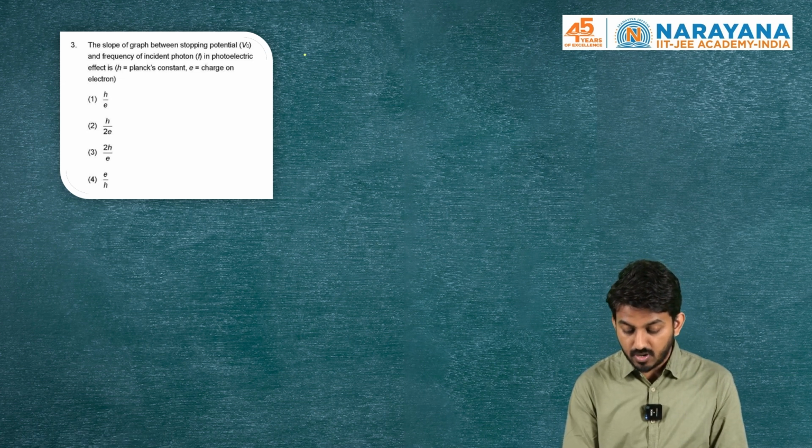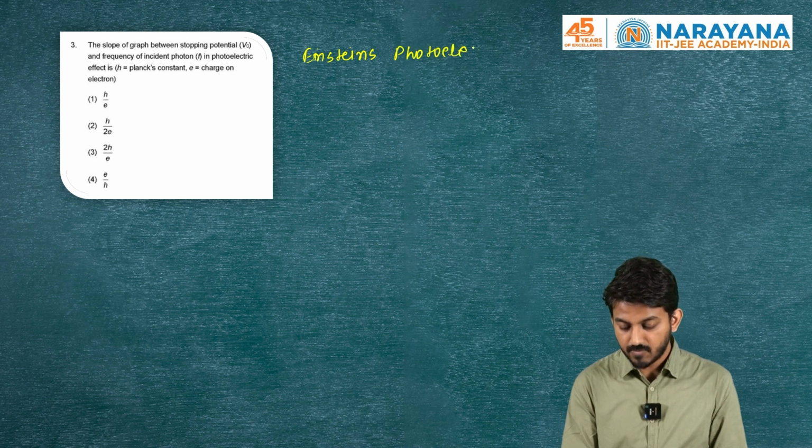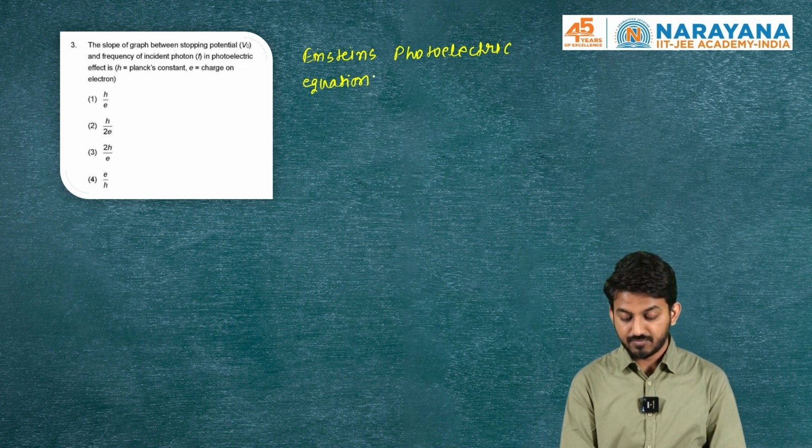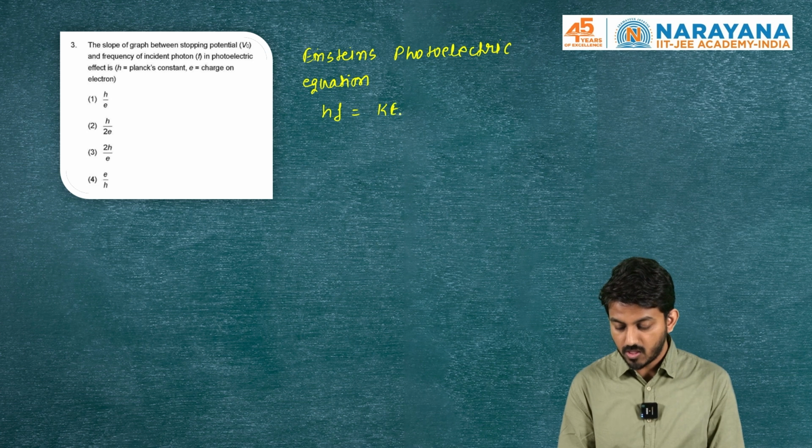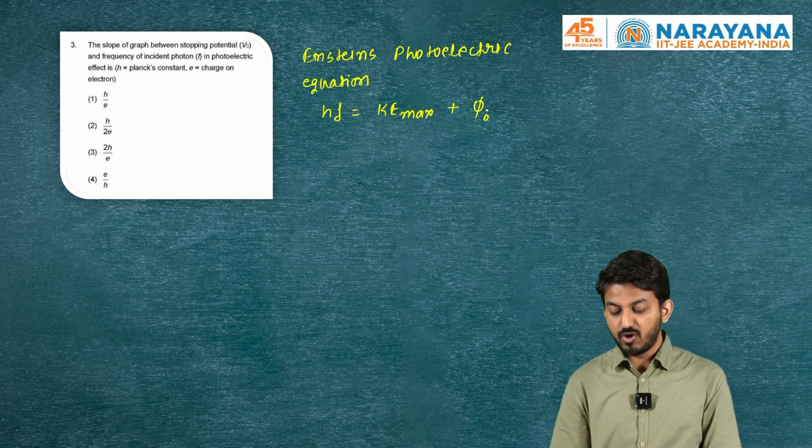Now, if you remember Einstein's photoelectric effect equation, so that is hf is equal to K max plus phi naught. Phi naught is the work function, f is the frequency of incident photons, and K max is the kinetic energy of the electrons coming out with maximum kinetic energy.